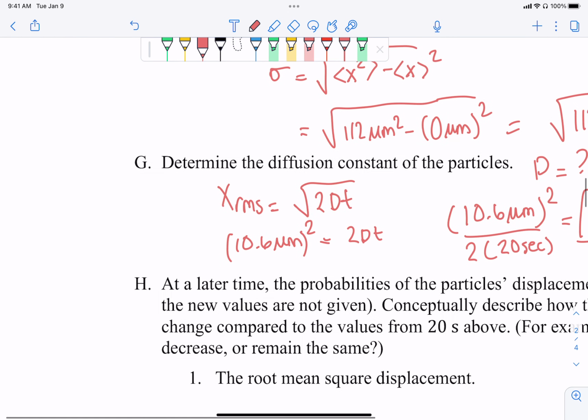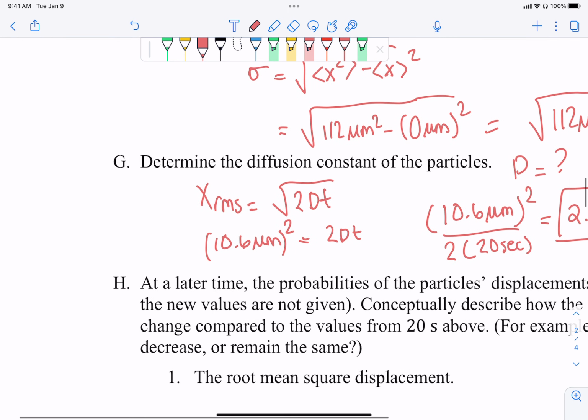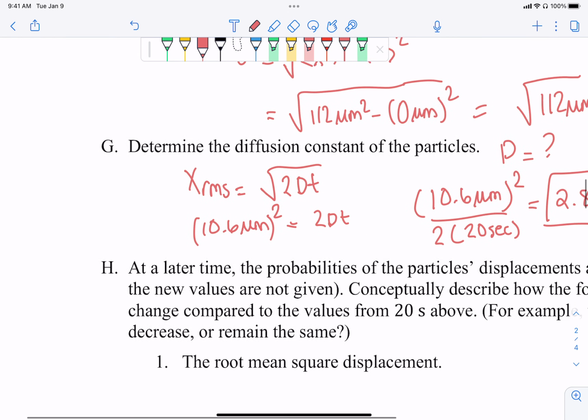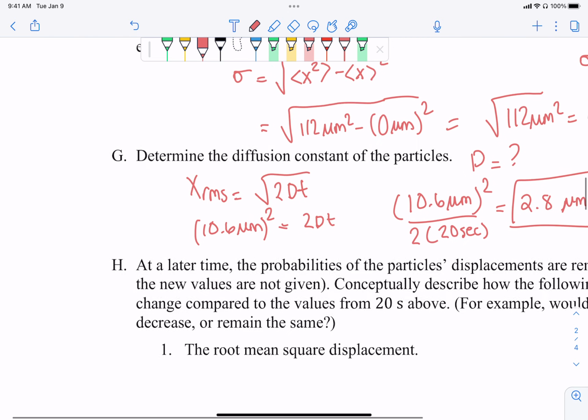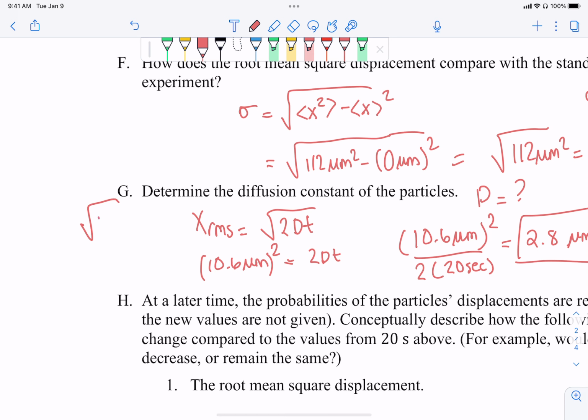So you're saying for 2D motion and 3D motion, 2D would be 4Dt, and this would be 6Dt, right?